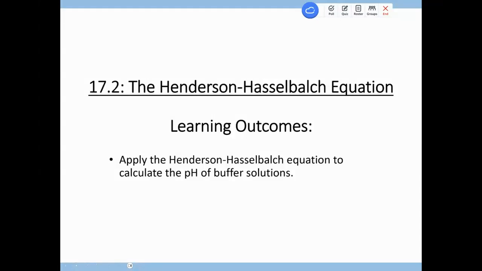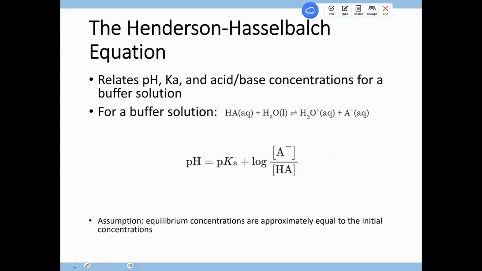This is a convenient equation that puts a lot of information together for a buffer solution so that you can directly calculate pH with one equation, without having to go through those multiple steps. The equation looks like this. It's provided on your periodic table equation sheet. It relates the pH of a buffer solution with the Ka of that acid and then the acid and base concentrations.